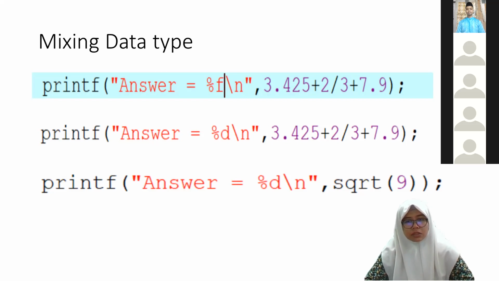Okay, now let's look at this one. This one is the F specifier. For specifier F, it's going to display the floating number.